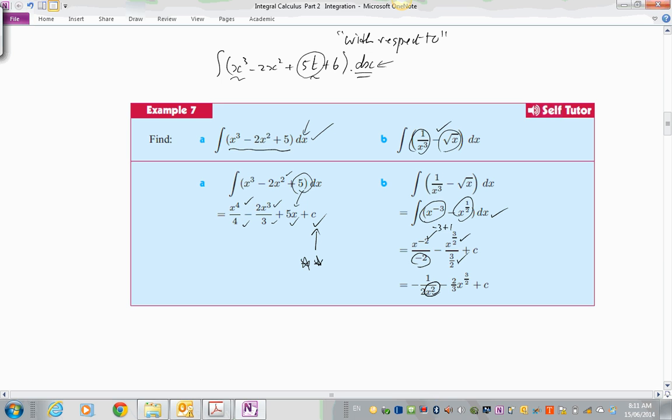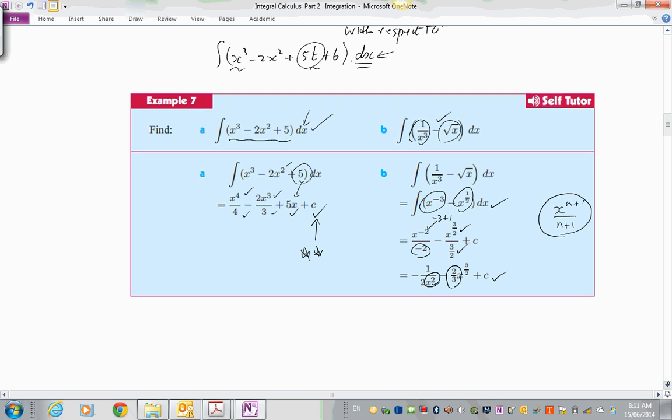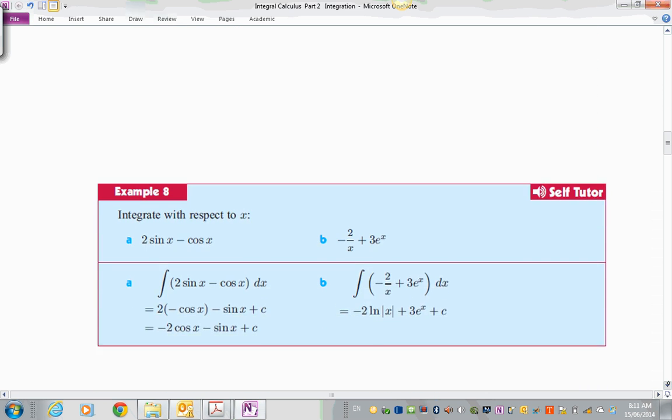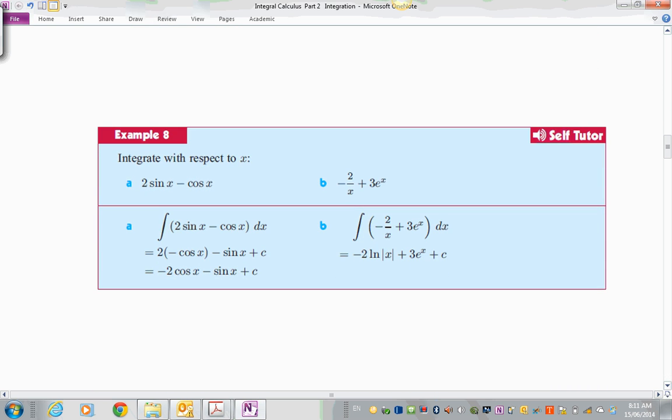Okay, and 3 over 2 inverting and multiplying. So just keep your wits about you here. This is important to keep in mind, that the rule now for integration, increase the power by 1, divide by the new power, that idea. That's the integral. All right, let's go on and have a look at these couple here.